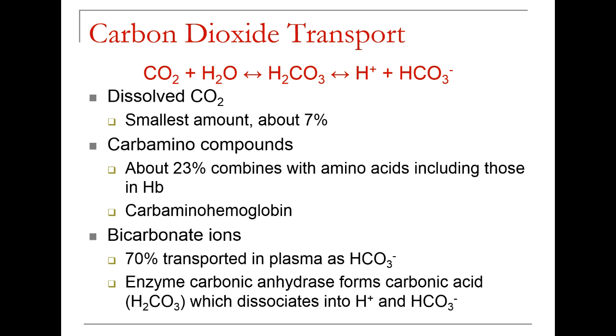Let me repeat that because I think I got it wrong the first time. 23% of the carbon dioxide will be transported on the globin portion of the hemoglobin. The oxygen is transported on the heme portion of the hemoglobin. Alright, and then the final way is as the bicarbonate ion.